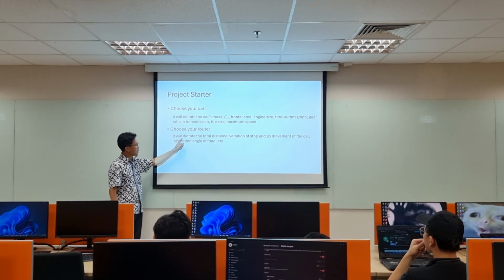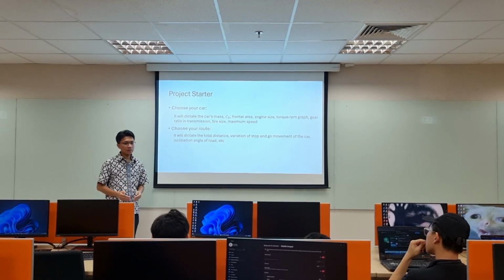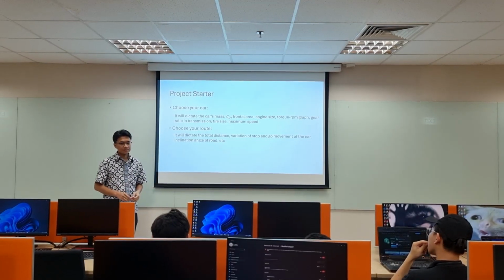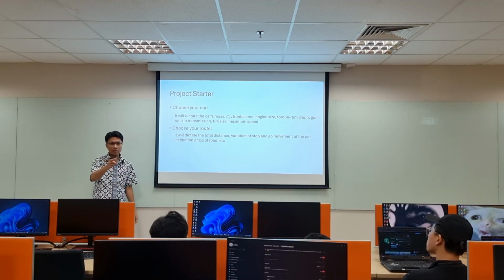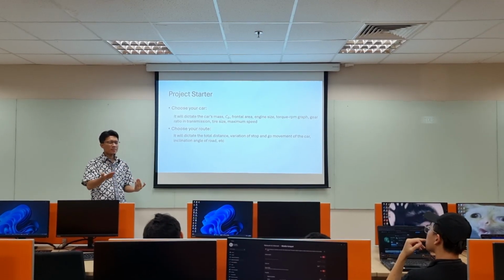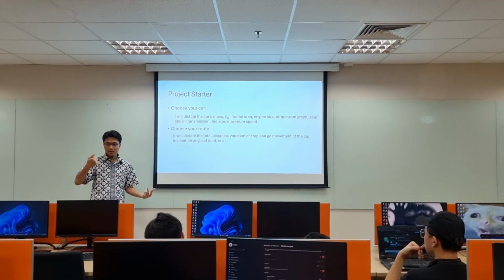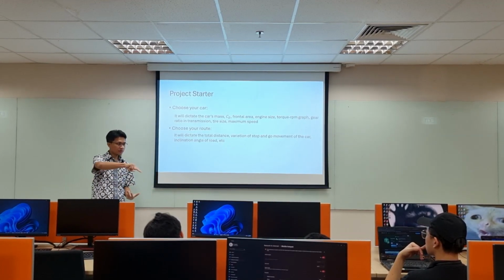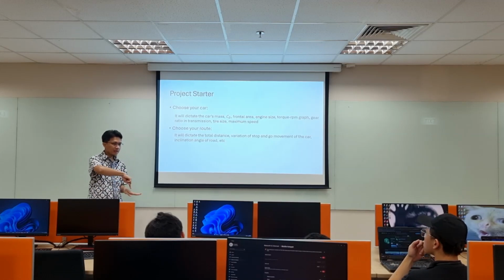This route will dictate the total distance and the variation of stop and go. If you go from, let's say, the office of BPJS, or you are on the side that will go to Pasar Minggu, then to go to Sampurna University, you have to do what? U-turn, right? You have to stop first, and then take the U-turn.